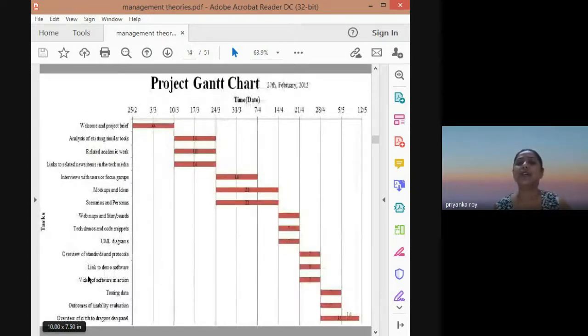The project Gantt chart shows how the process will go on in the near future, time and date wise.